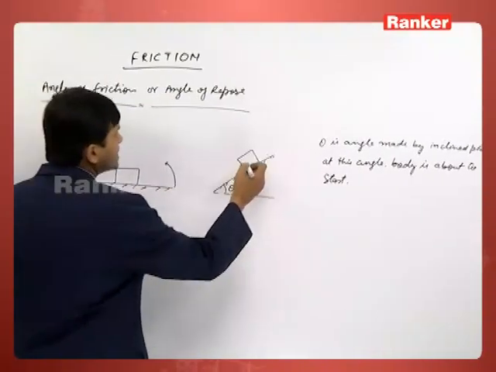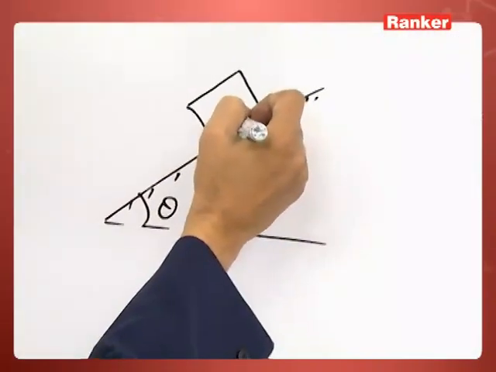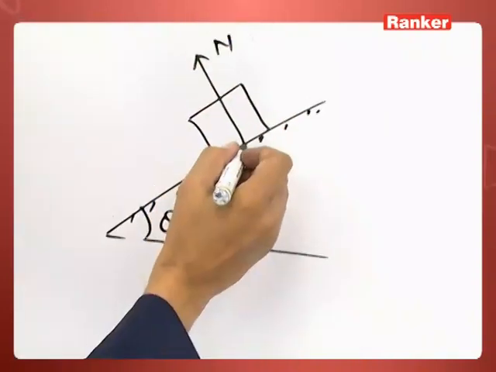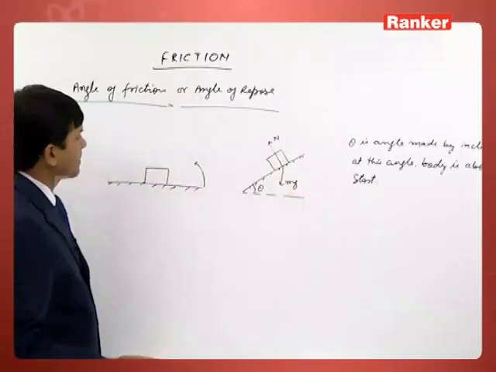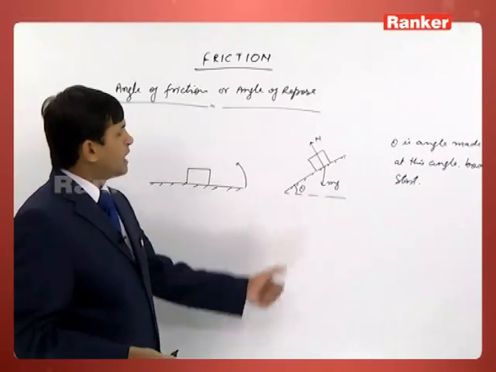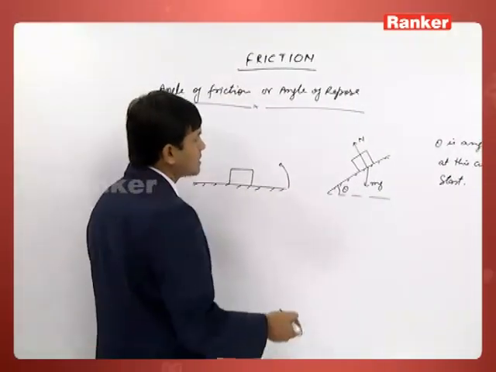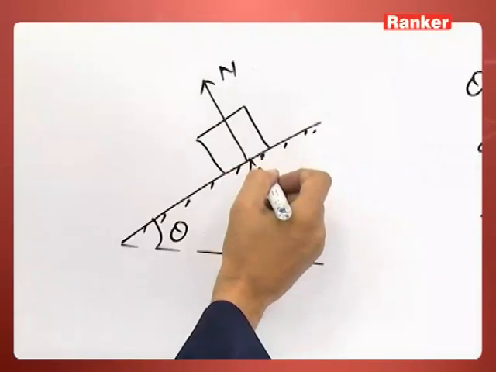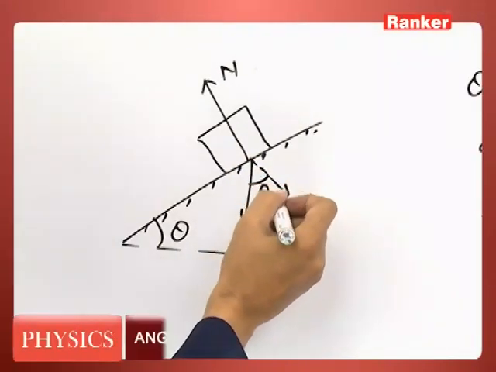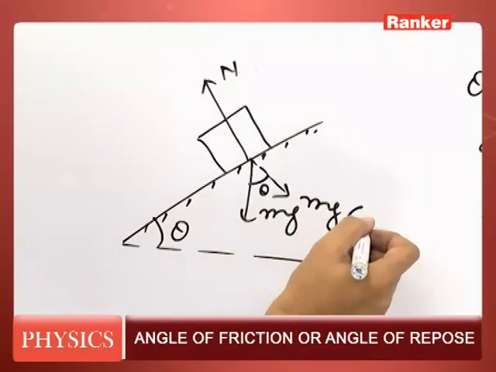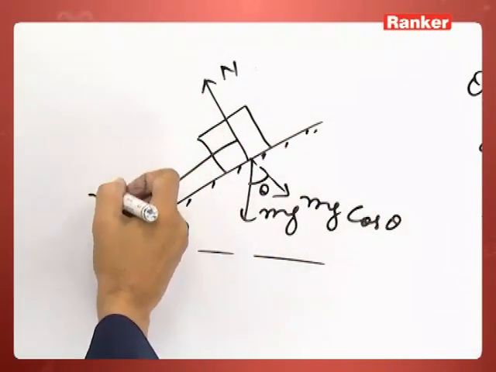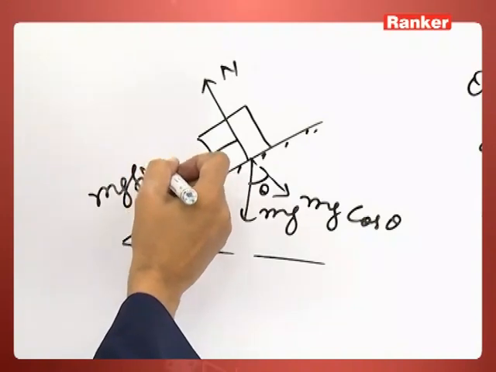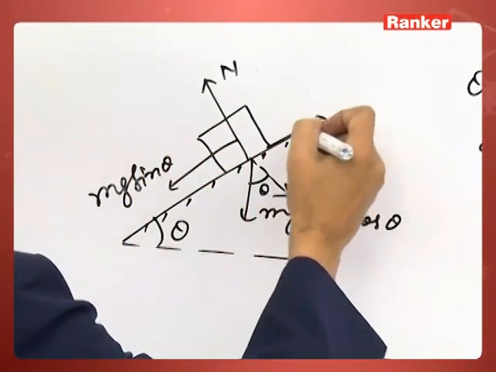Now, if we make an FBD, here is the normal force and mg. After resolving all forces, we apply the friction force along the incline at this angle theta. So here mg cos theta, and on this side mg sin theta, and here this is the friction.